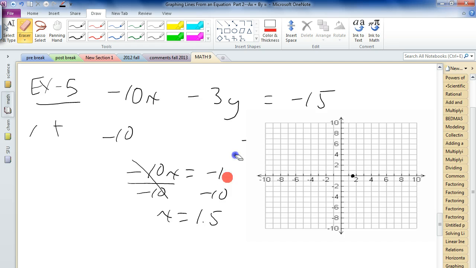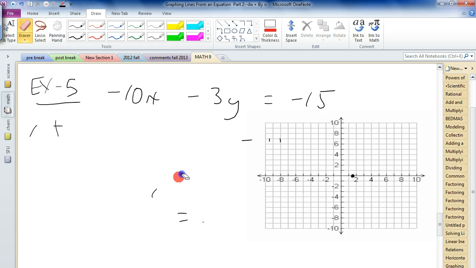And we do the same thing when we're doing the y-intercept, x is equal to 0. So this becomes 0. Now, do I have to write it out? No. When I make this 0, this thing blows up. So what am I left with then? I'm just left with this, negative 3y equals negative 15.